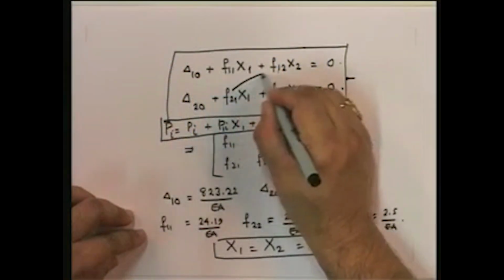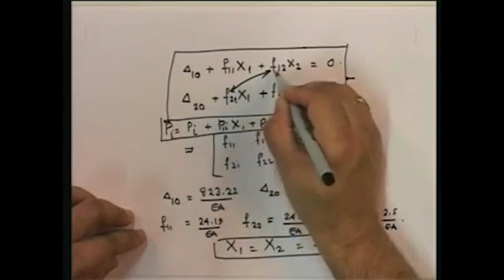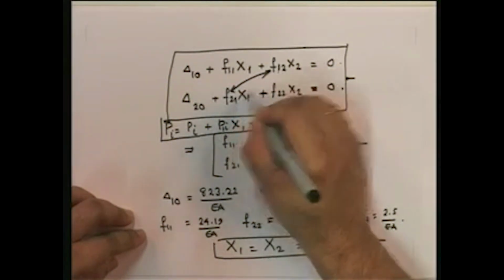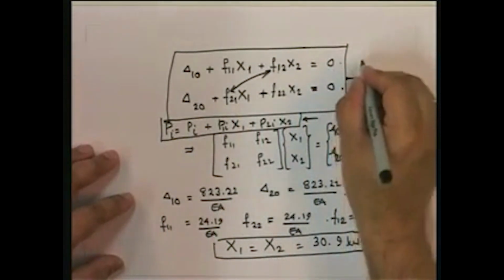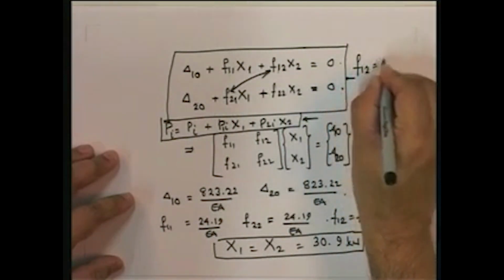That is the reciprocal theorem. So if you really look at this, the same unit load is being applied. In one case it is applied at 1 and we are finding out the displacement at 2, and in the other case we are applying the load at 2 and finding out the displacement at 1. Obviously they are going to be the same. So this is a fundamental fact that the coefficients F12 and F21 are always equal to each other, always.